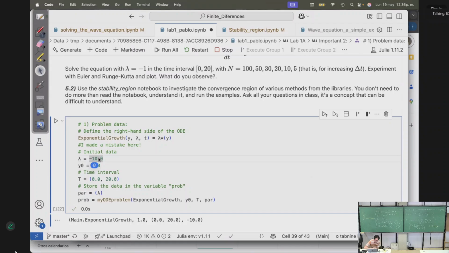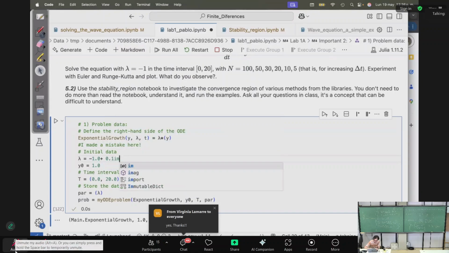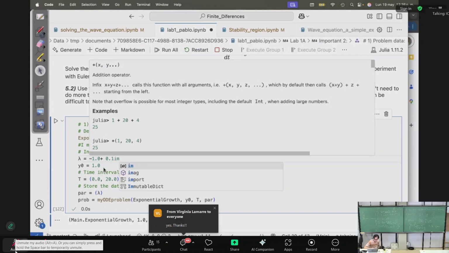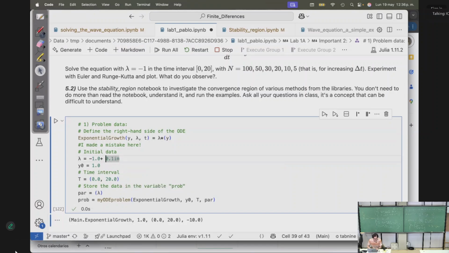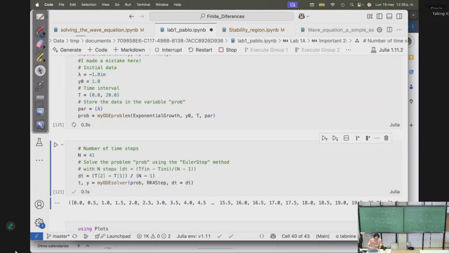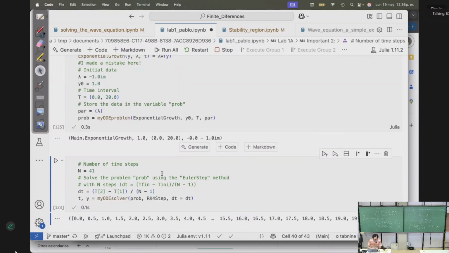I don't know if this kind of problem, for example, is better for you to visualize it, right? So here, for example, we will again use a complex value. Let's try to do it, for example, with lambda completely imaginary here, and try again to understand the stability region.